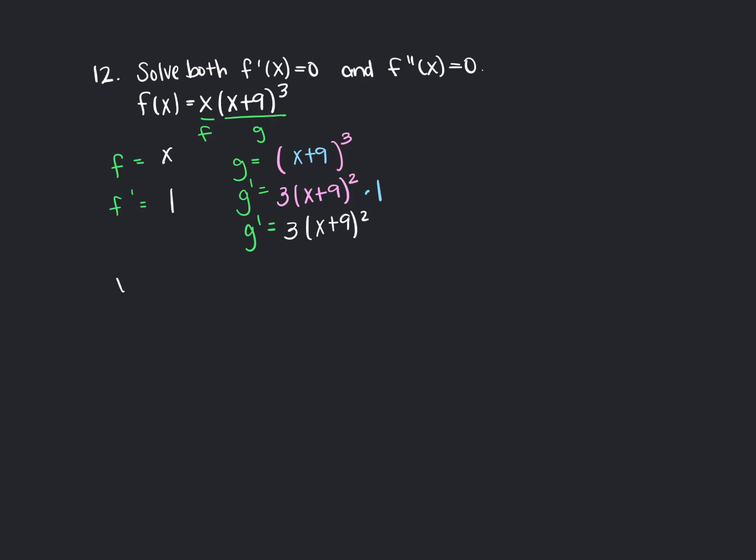So now we're ready to use that product rule. And keep in mind, I've got to find the first derivative and the second derivative. So for the first derivative, and I guess I should say f prime, because that's the notation we're using. So f prime of x is first times derivative of the second plus second times derivative of the first.